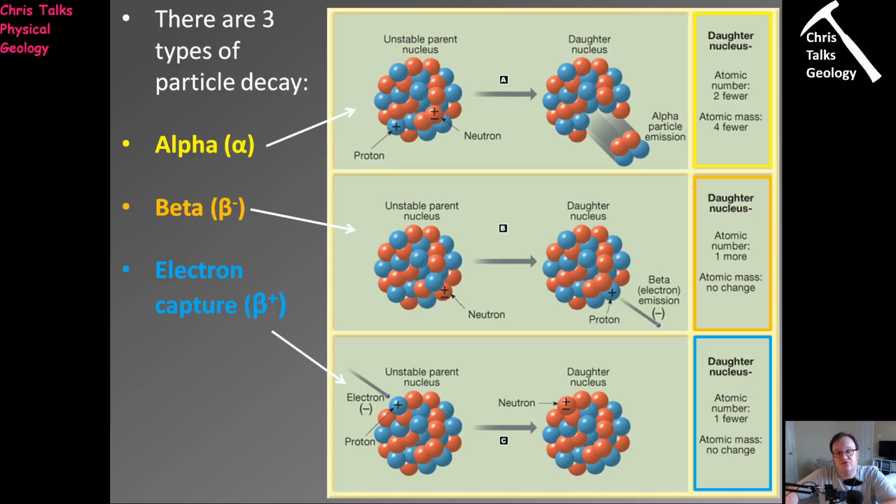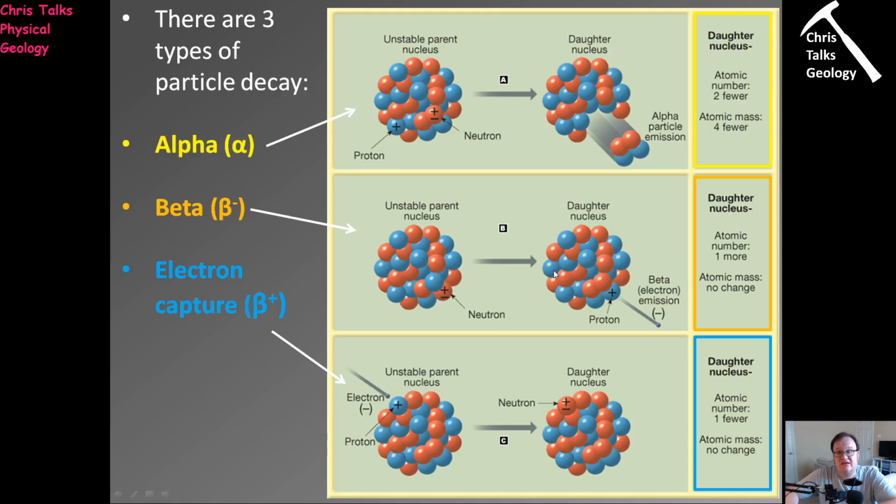So as soon as you take your neutron and you turn it into a proton, well, that negative charge has to go somewhere, and it's kicked out of the nucleus in the form of an electron. Remember, electrons have mass. Okay, so in the case of beta decay, we take a neutron, we change it to a proton, and in the process we kick out an electron.